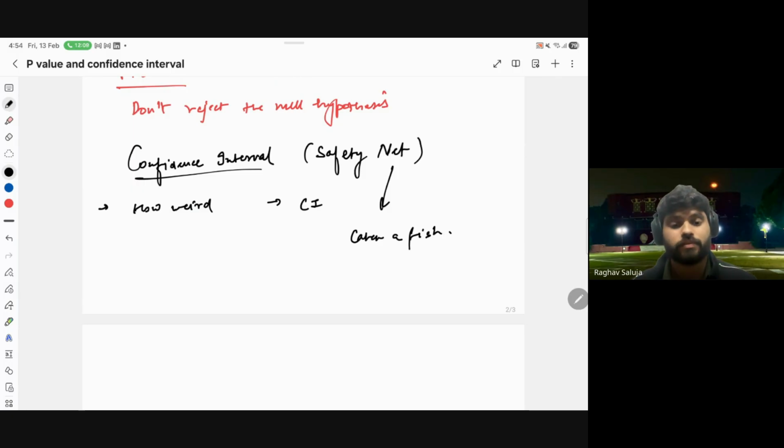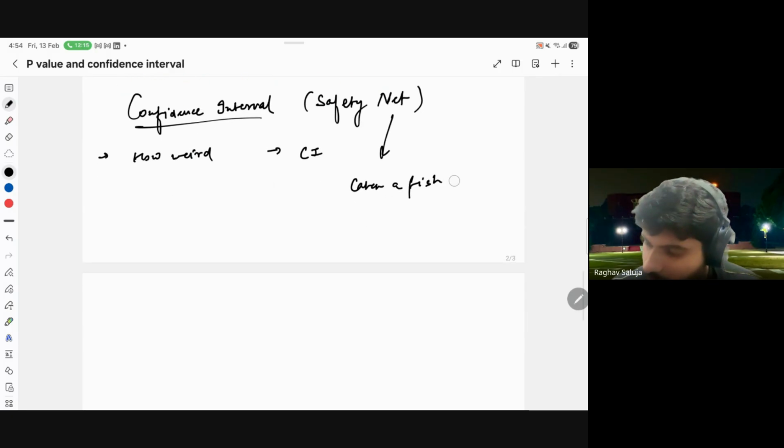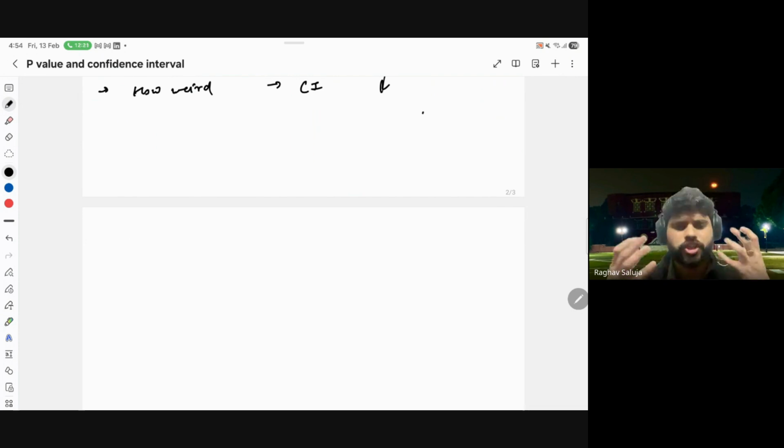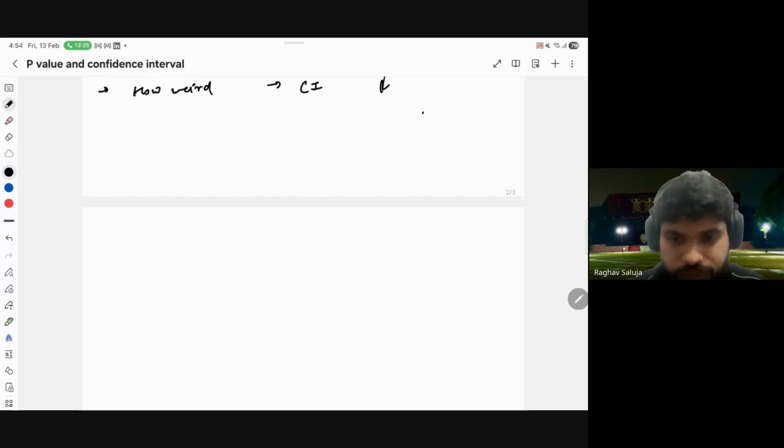In a murky lake, let's say. You can't see the fish. In this case, what is the fish?